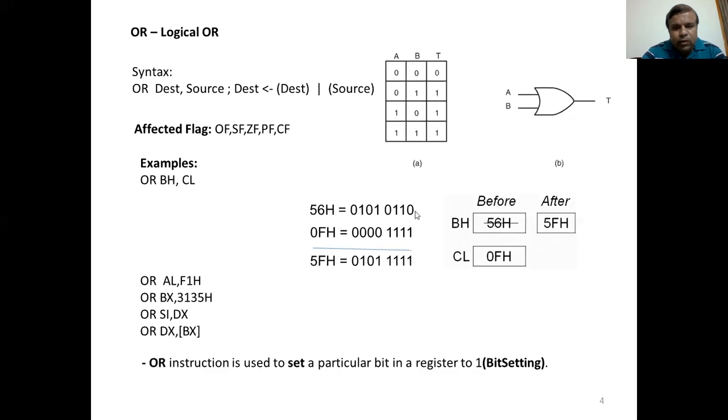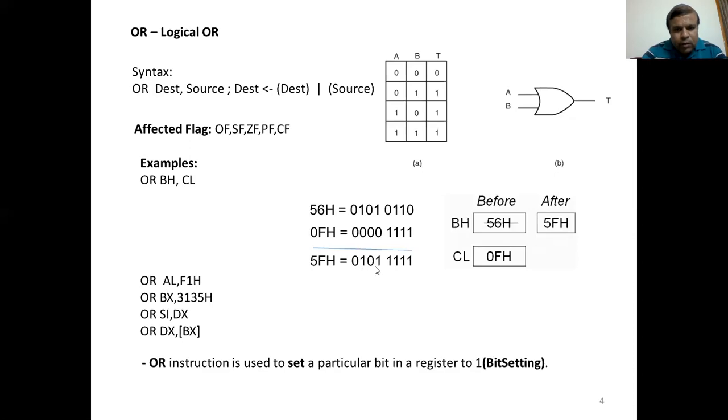So how? As per the truth table, 0 OR 1 is 1, 1 OR 1 is 1, 1 OR 1 is 1, 0 OR 1 is 1, 1 OR 0 is 1, 0 OR 0 is 0, 1 OR 0 is 1, 0 OR 0 is 0.